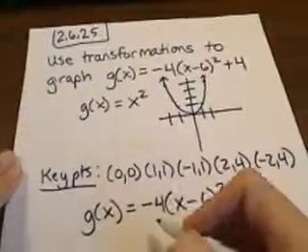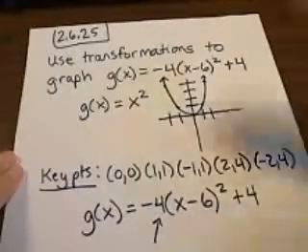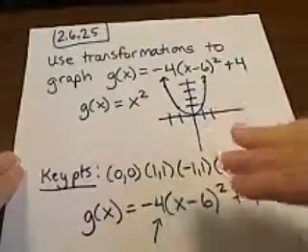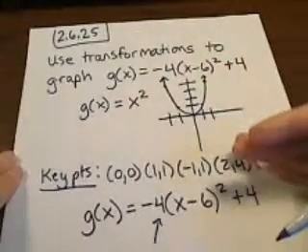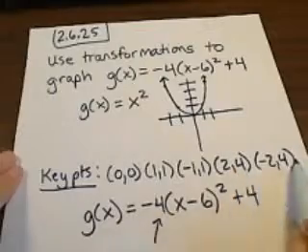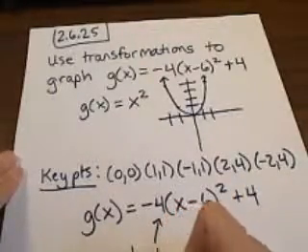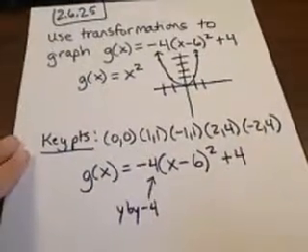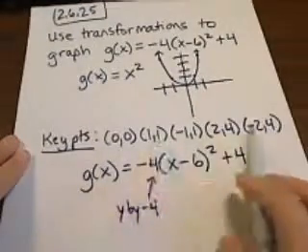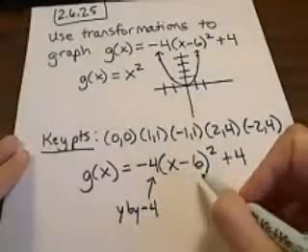So this -4 out front is effectively going to take my graph and flip it down. In order to flip the graph down, we're basically multiplying each of these y coordinates by -4. I'm going to abbreviate it, y by -4. That just means I'm going to take each of these key points and multiply the y coordinates by -4.